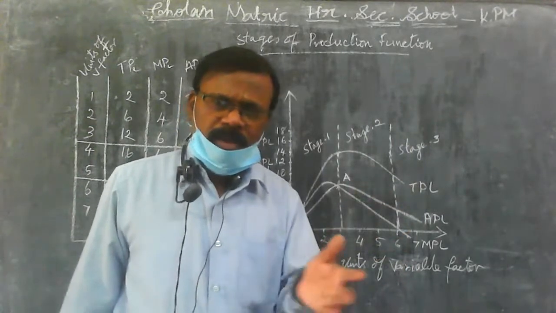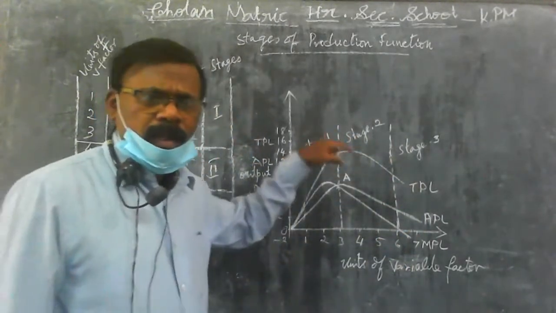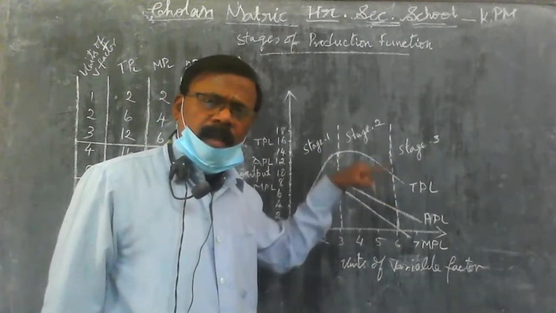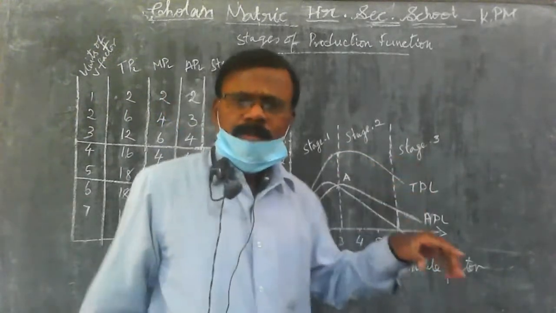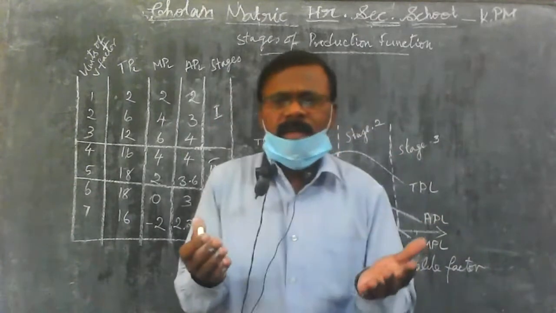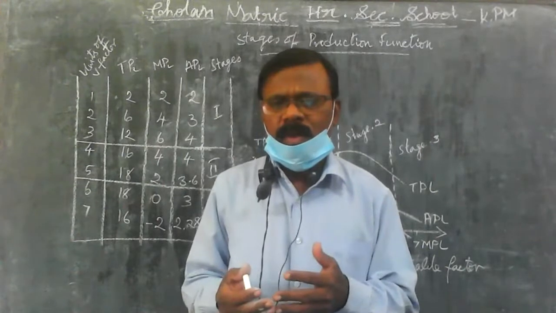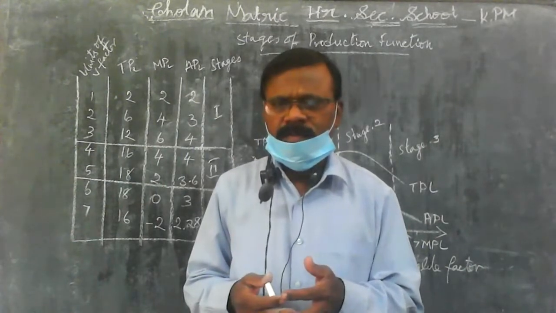As I already mentioned: land, labor, capital, and organization. Land and labor are primary factors. Capital and organization are secondary factors.